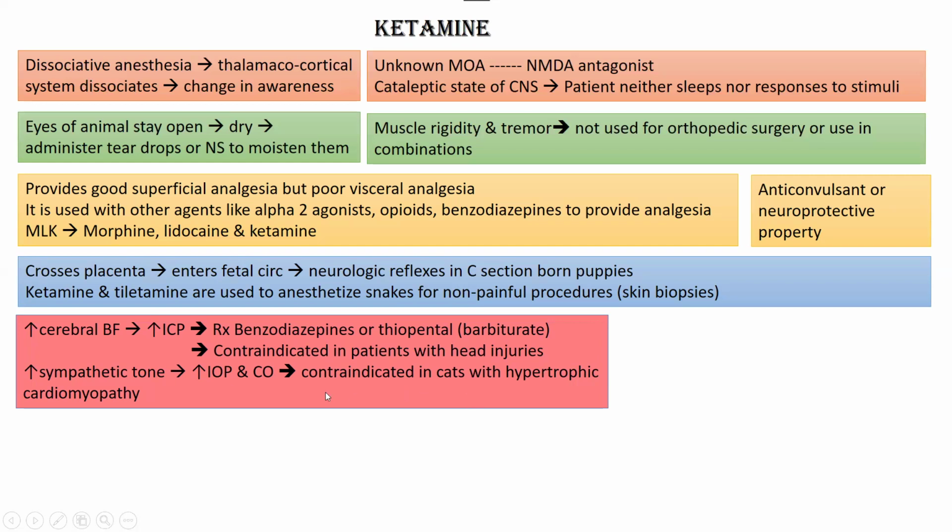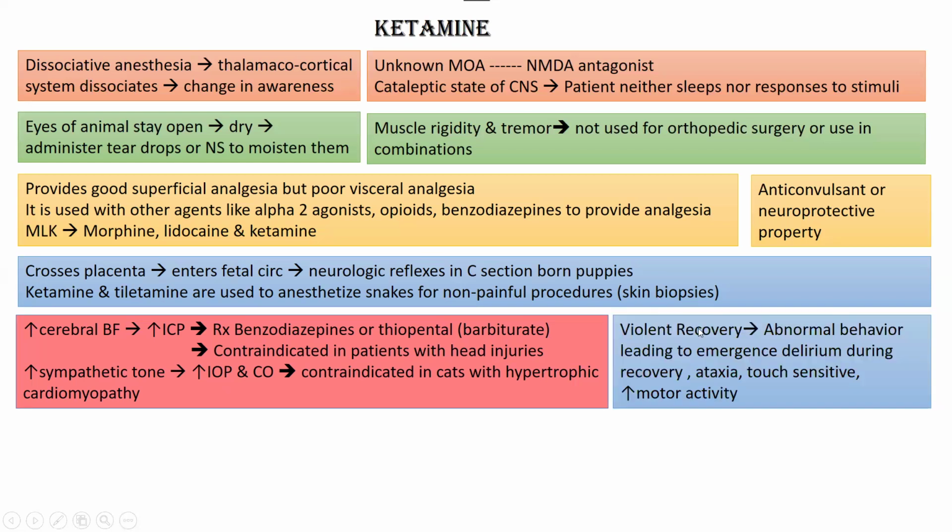And if the cat is having that condition, you will never use ketamine in that cat. Also, we avoid ketamine in glaucoma, because in glaucoma intraocular pressure increases. So if the intraocular pressure of the eyes is already increased and you use ketamine, it will further increase the pressure and it will cause pain and more dangers to the eye.